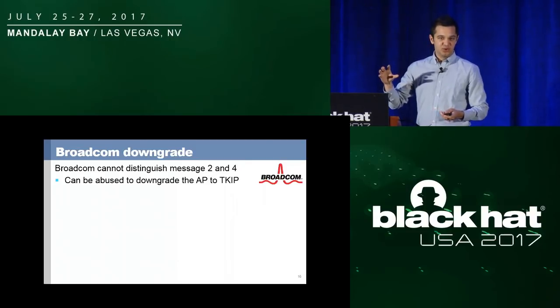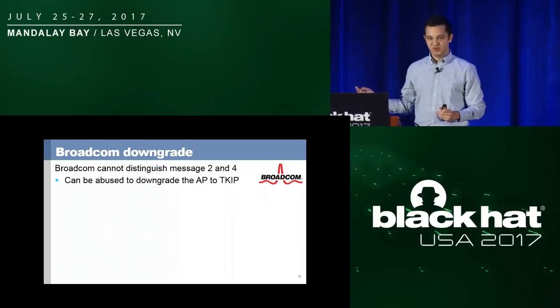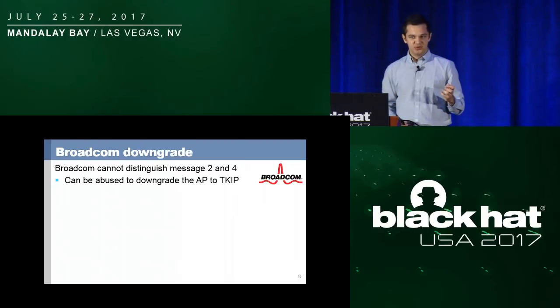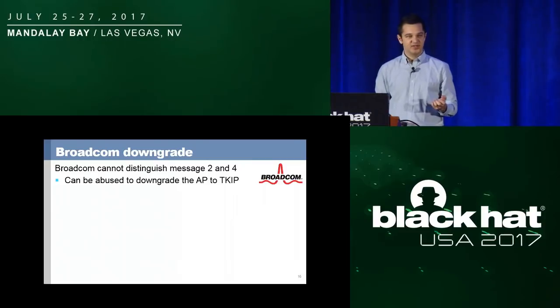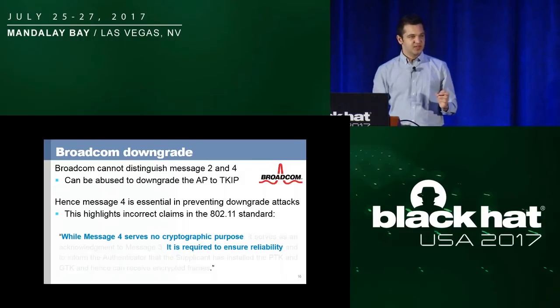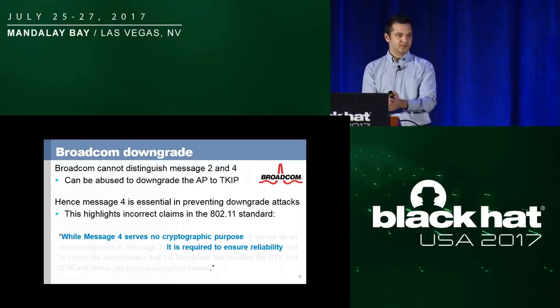Well, if the access point is expecting message 4, but it's actually receiving message 2, then it will simply treat message 2 as if it were message 4, and it will successfully complete the handshake. Now, I'm not going to go into detail about how this attack works. You need a few tricks in order to carry it out. But the core message here is that we can abuse this to downgrade the access point into using WPA-TKIP.